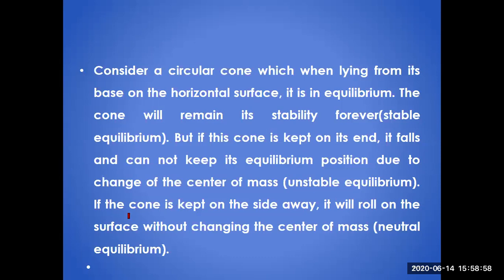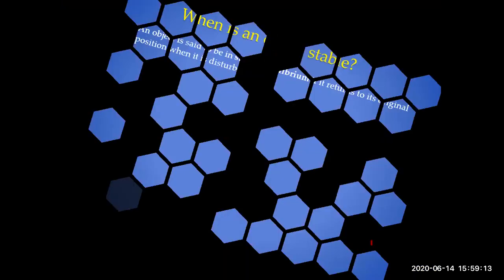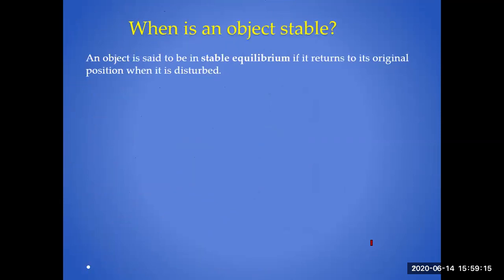That is unstable. If the cone is kept sideways, it will roll on the surface without changing the center of mass. This is called neutral equilibrium. So these are the states of equilibrium. When is it said to be stable, unstable, and neutral?